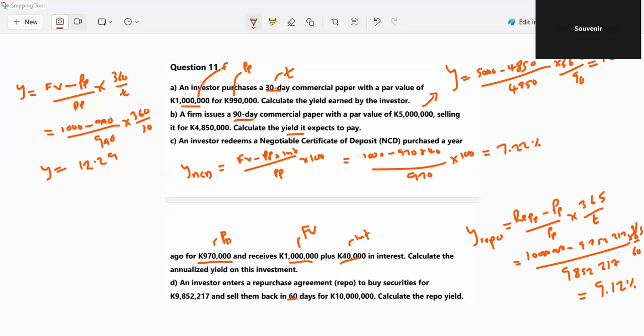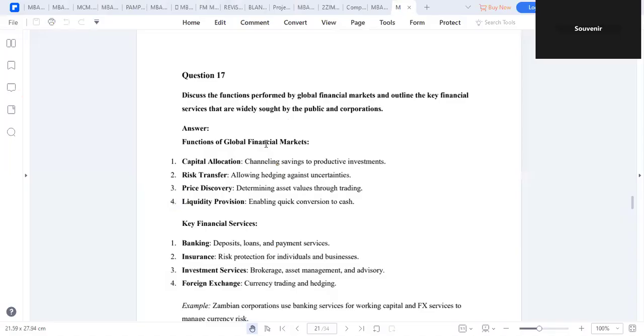Which question are you looking at? I'm still seeing question 11, but what I'm reading, I don't think it's matching. Oh, thank you for that. My screen was lagging. Question number 17. You can see it? Can you see the question?